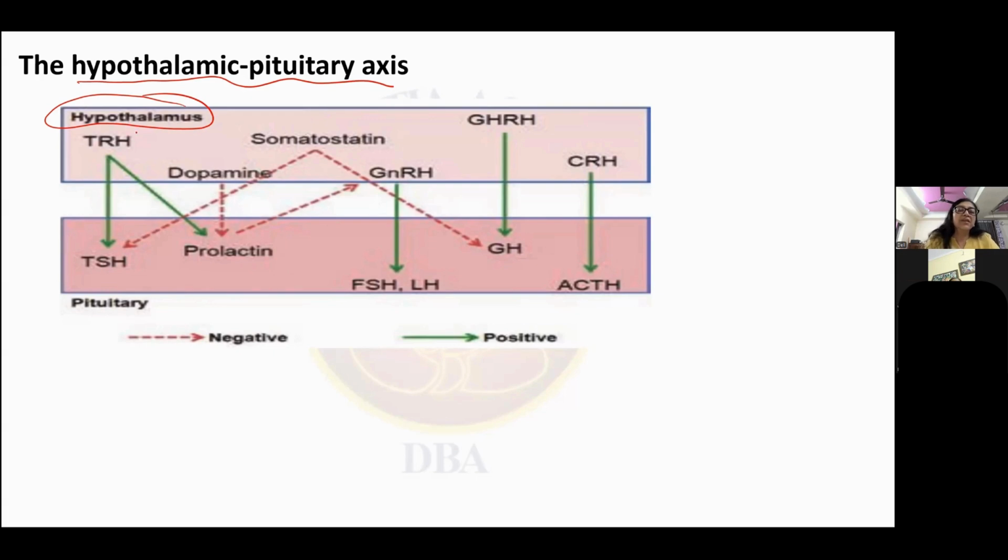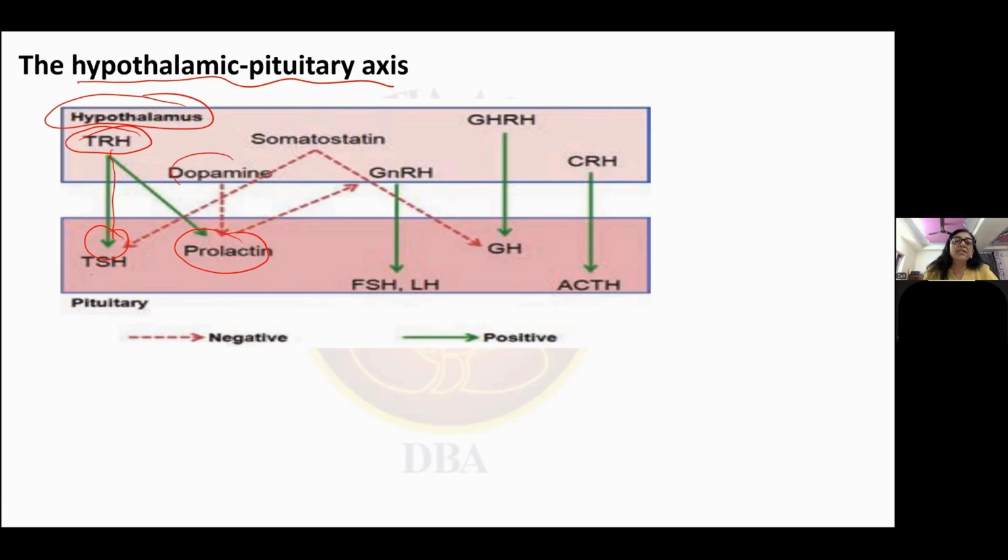The hypothalamus gives rise to thyrotropin releasing hormone, that is TRH. TRH will act on the anterior pituitary and release TSH, that is thyroid stimulating hormone. TRH also stimulates prolactin. That is why whenever you have a thyroid disorder, you also find a rise in the prolactin. Then there is dopamine, which has an inhibitory influence on the prolactin.